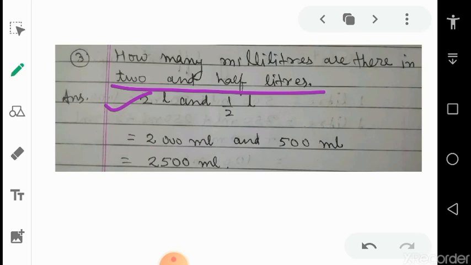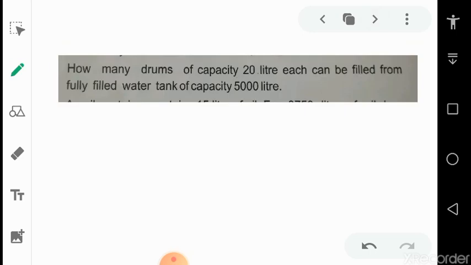Now if we want to convert this into milliliter, just multiply by 1000. So 2 liter equals 2000 milliliter and half liter equals 500 ml. Adding them together we get 2500 ml.